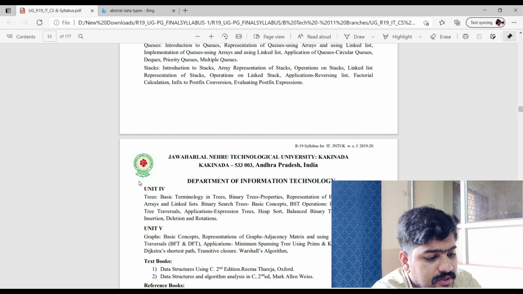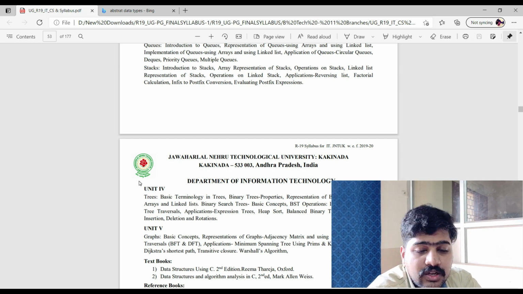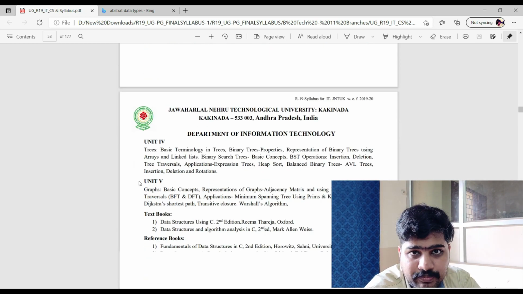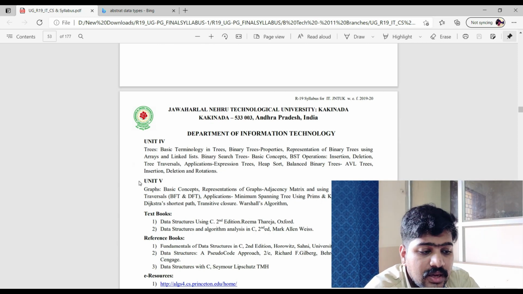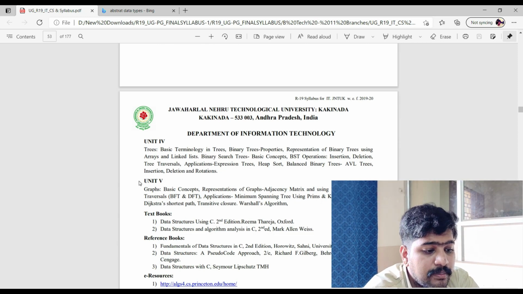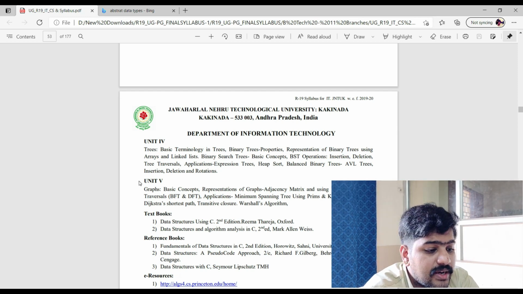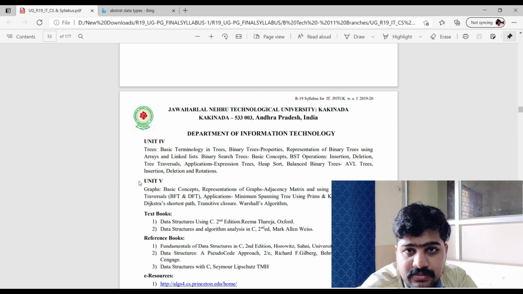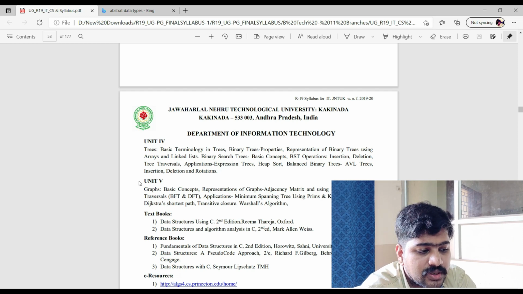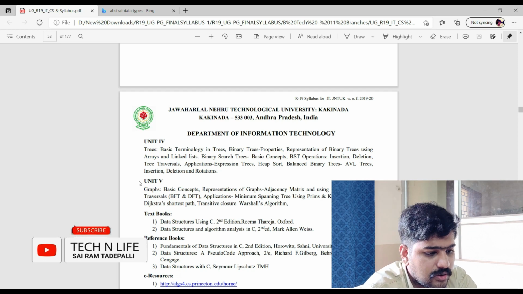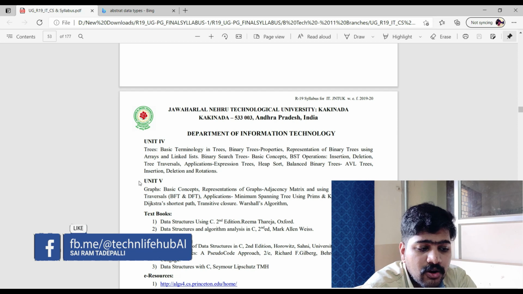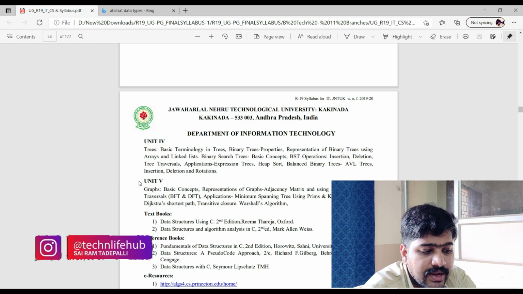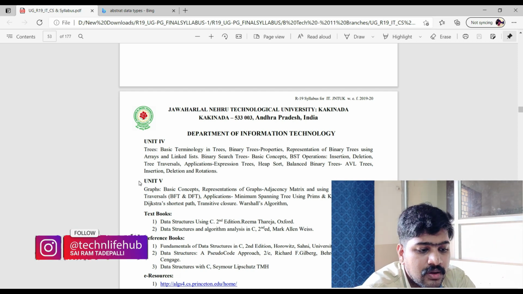And Unit 5: breadth first search algorithm, depth first search algorithm, examples. So examples only for depth first search and breadth first search, and minimum spanning tree is the other thing. And Warshall's algorithm, Kruskal's algorithm, Prim's algorithm. These four concepts are the most important. You may say that you are telling all the concepts, but trust me, they can give BST, or breadth first search, or depth first search, or any minimum spanning tree algorithm.